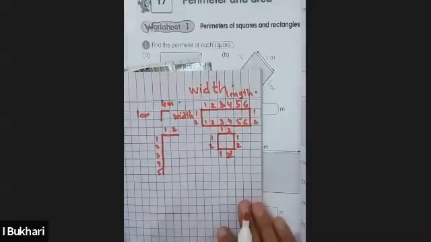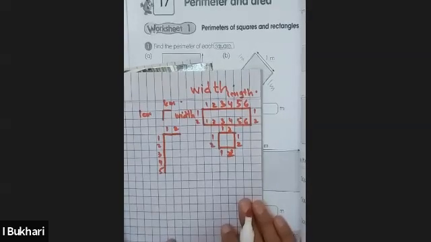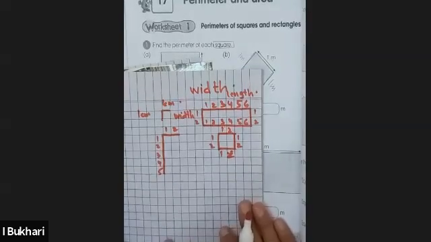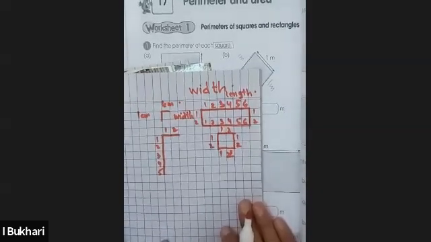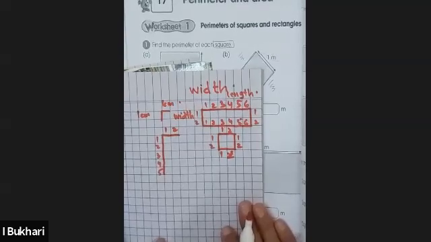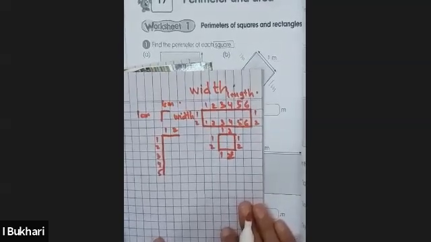Now tell me, what is a rectangle? Beta, you just listen to me, okay? I will also send a recording of my class, so you can listen to this again.